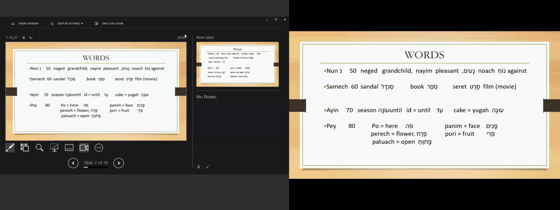Now, cake, a piece of cake, the kind of cake, a birthday cake or any other kind of cake that you buy, is an uga. Ya, u, g, a. Uga. I eat uga.